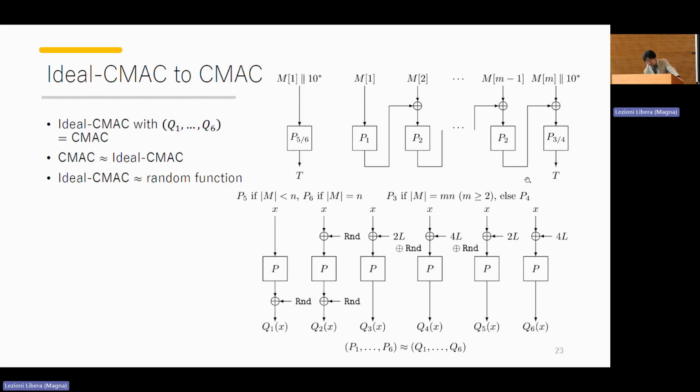This continues until the end. And in the last block, we use P3 or P4, so this one or this one. And these random keys are also cancelled. And this shows that CMAC is close to the ideal CMAC. And we know that the ideal CMAC is close to a random function.